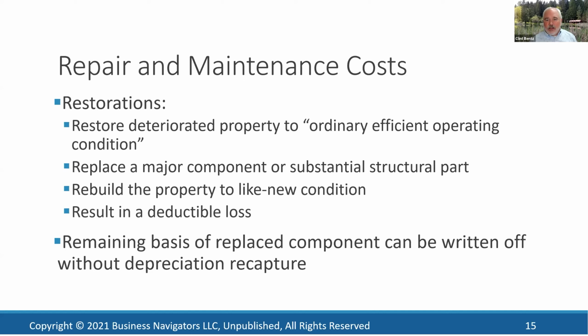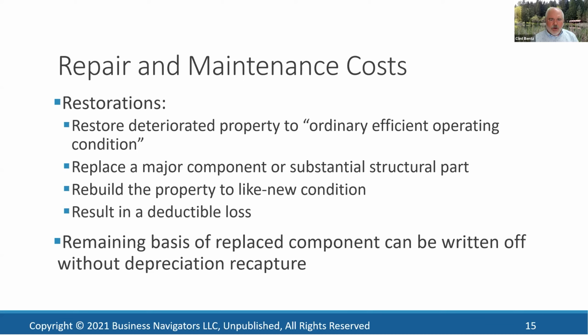So we have $10,000 of basis left in the old roof, and we can write that off in the year that we dispose of the old roof without having to pick up any income for the depreciation that was applicable to the roof. So we can take a $10,000 loss on the part that was replaced.